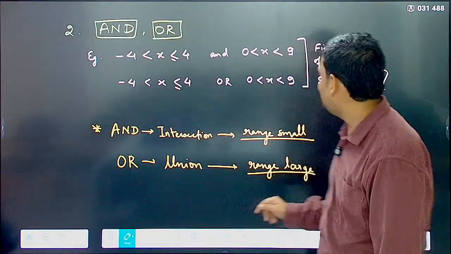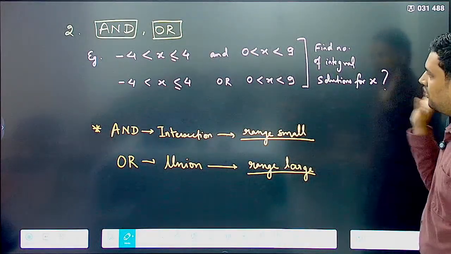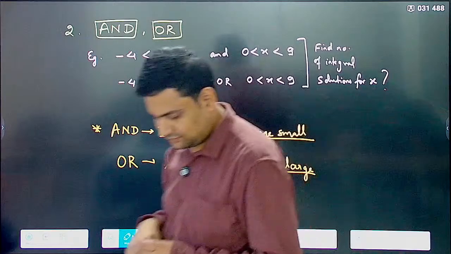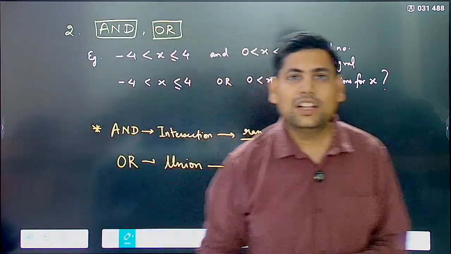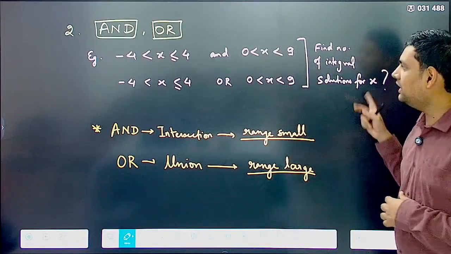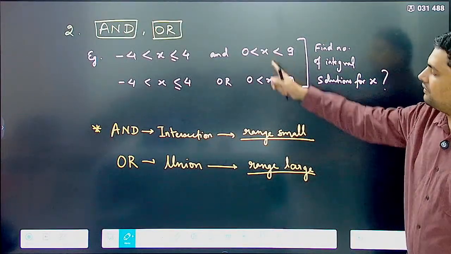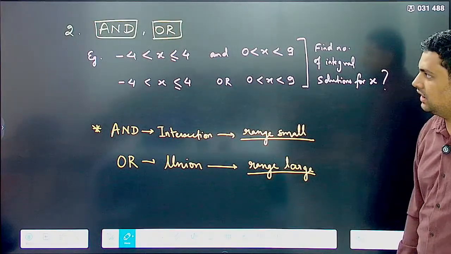Correct? Now, let's try to solve this. Find the number of integral solutions for x. Integral means what? Integer solutions. How many integer solutions do I have for the first case and for the second case?